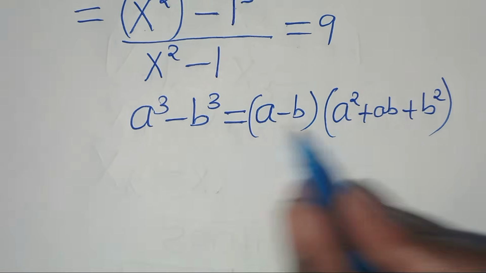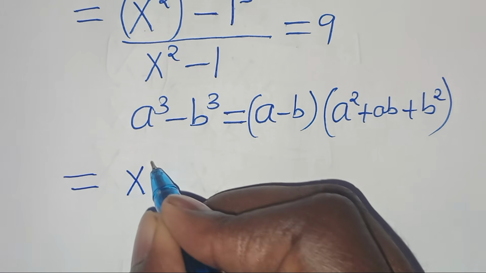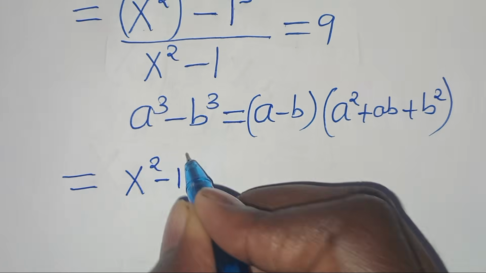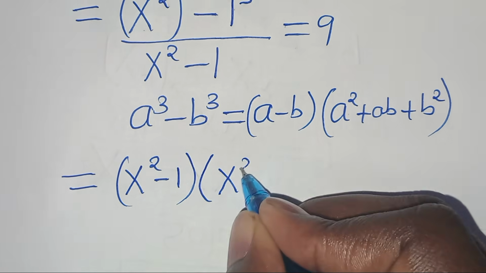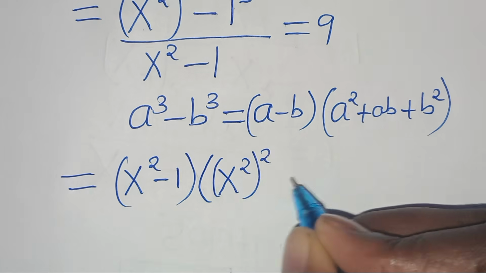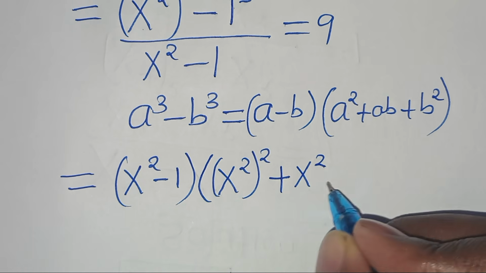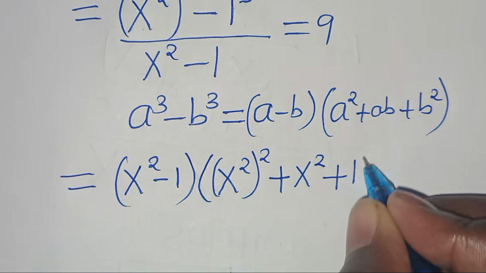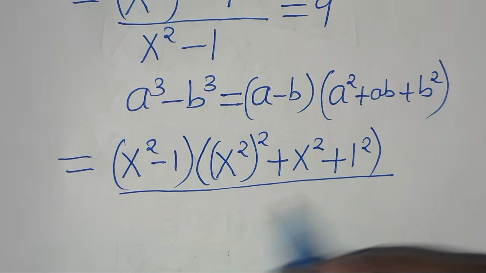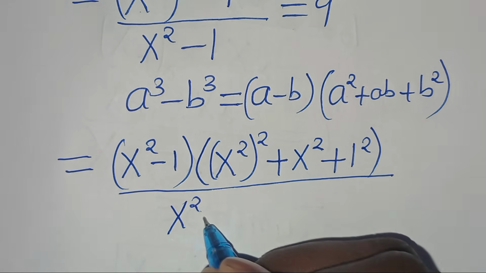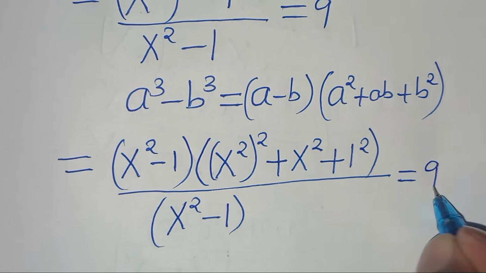Applying this identity, here we have (x^2 minus 1) times ((x^2)^2 plus x^2 times 1 plus 1 squared), everything divided by x^2 minus 1. This is equal to 9.